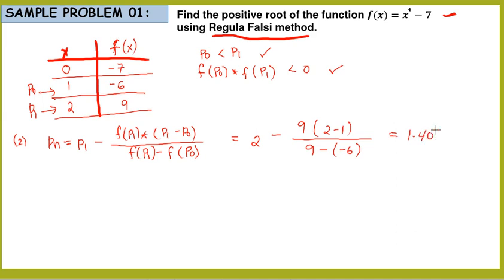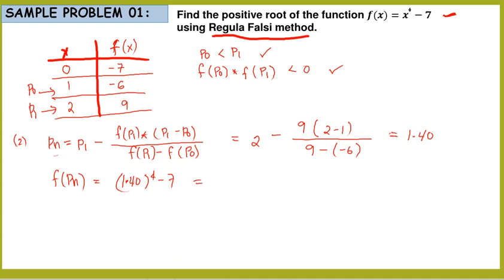So if you try to look at your notes here, the same lang yung makukuha natin sa second method, yung notes ninyo sa second method. So yan na yung magiging value ng Pn natin. So ano ngayon yung function ng Pn natin? So just have to substitute 1.4 raised to 4 minus 7.